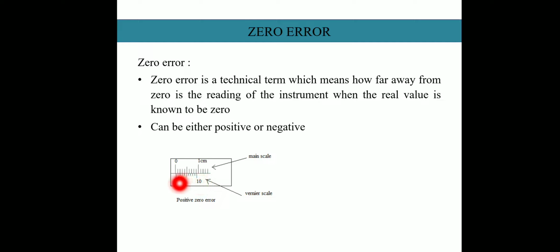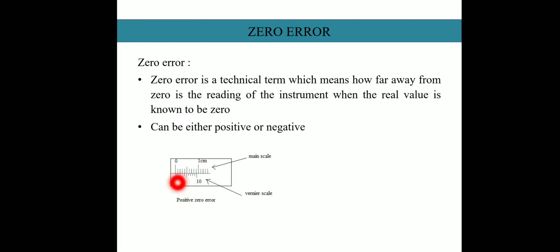So as you can see, the zero line on the lower scale is ahead of the zero line on the main scale. That means there is no zero here, but there is zero error, which we call a positive zero error. So whenever the zero line on the lower scale is ahead of the zero line on the main scale, we call it a positive zero error.